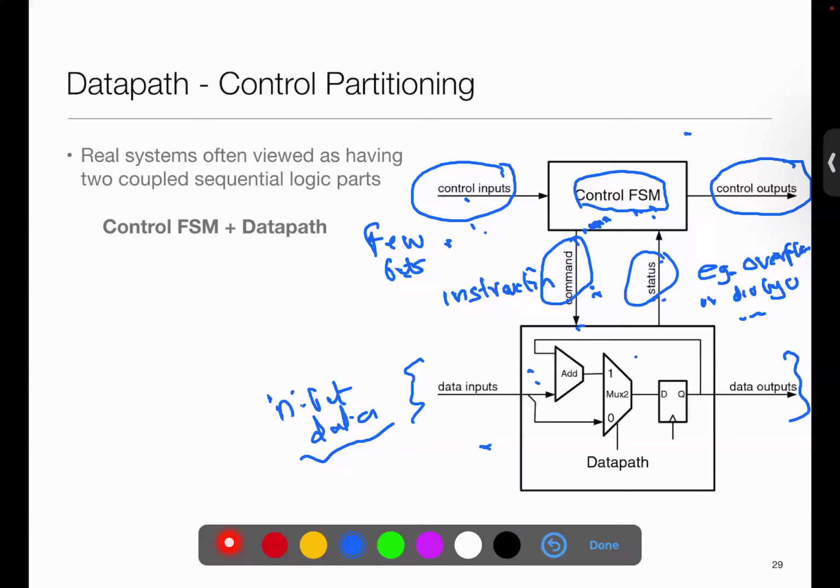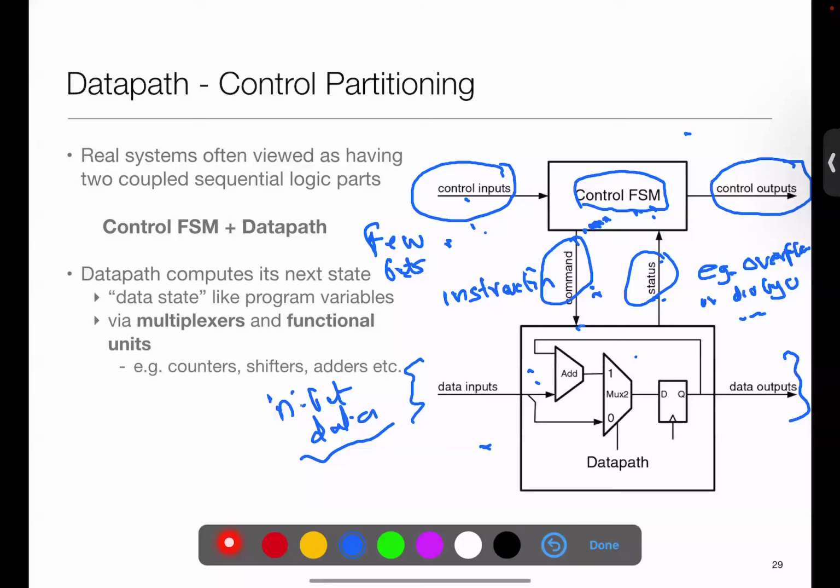So faced with a complex problem, we kind of divide. This is a way to think about it, right? There are two parts to it. There is stuff which is controlling the flow of information, and the stuff which is the actual flow and processing of information. So the data path computes its next state. The state in the data path is like program variables.